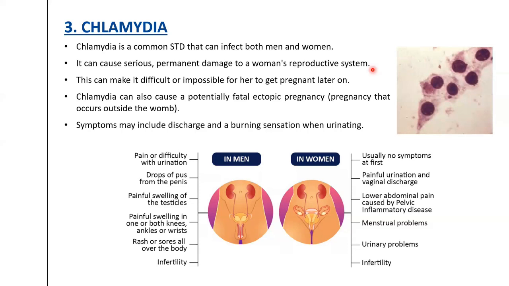So it is almost impossible for the fetus to attach whenever the person is trying to conceive. This whole lining is already destroyed by the STDs if a woman doesn't get it treated. Chlamydia can also cause a potentially fatal ectopic pregnancy that occurs outside the womb.